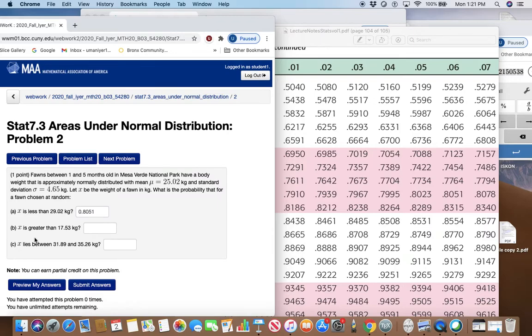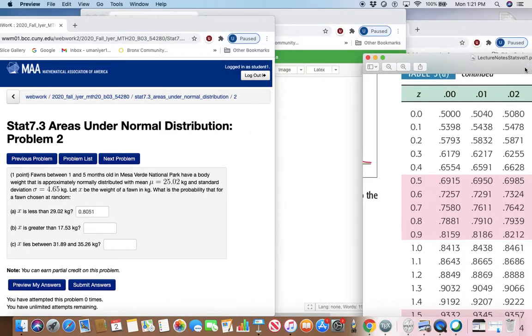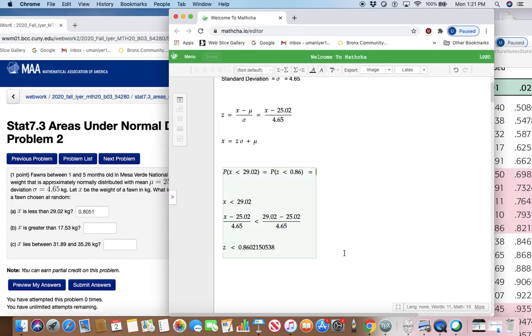The next part is x greater than something. So this was part A, and now here is part B. You're looking for the probability x is greater than 17.53.